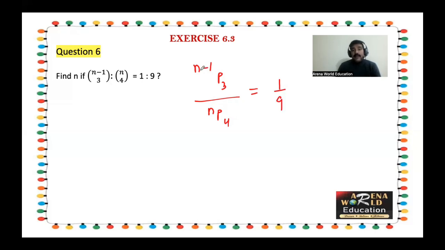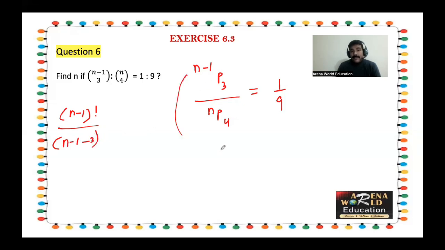So tell me, how do we solve nPr? It is n factorial divided by (n minus r) factorial. In this one, in place of n, we have n minus 1.